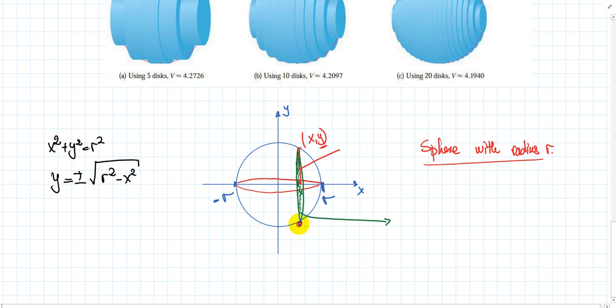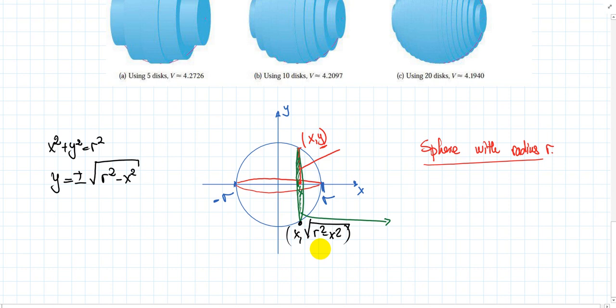So the coordinates of this point here will be x and the square root of R squared minus x squared. The y coordinate always tells me the height of the point. You know this, right? The x coordinate tells me how far right or left it is with respect to the y-axis.